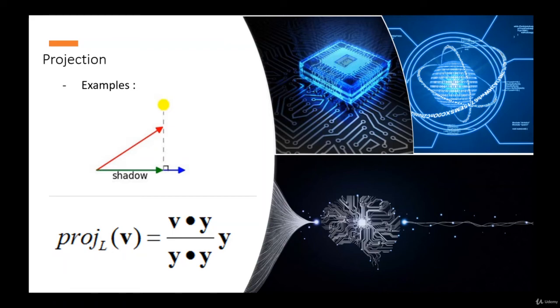We can use projection to understand what force we need to apply to be able to lift this object. Yes, it's going to be a bit more complicated because we need to take into consideration the mass of the object, the speed the object goes, and some other factors. But in basics, to understand how we can move this object, we need to understand projections. Projections can be really useful in those cases.